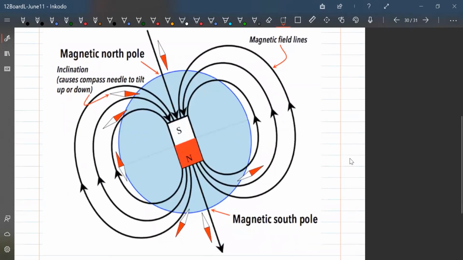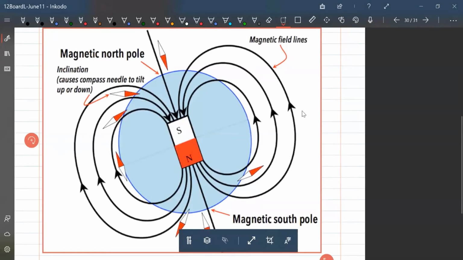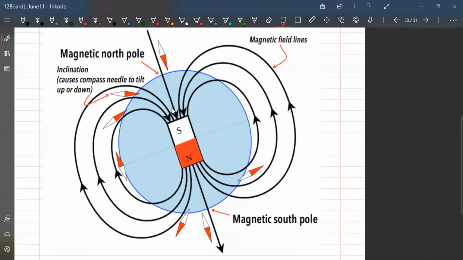Okay, so first thing, the arrangement of the magnetic field lines is like this. It starts from the South Pole and ends at the North Pole, that is the geographical North Pole. So the axis of rotation is something like this. The Earth rotates about this axis.